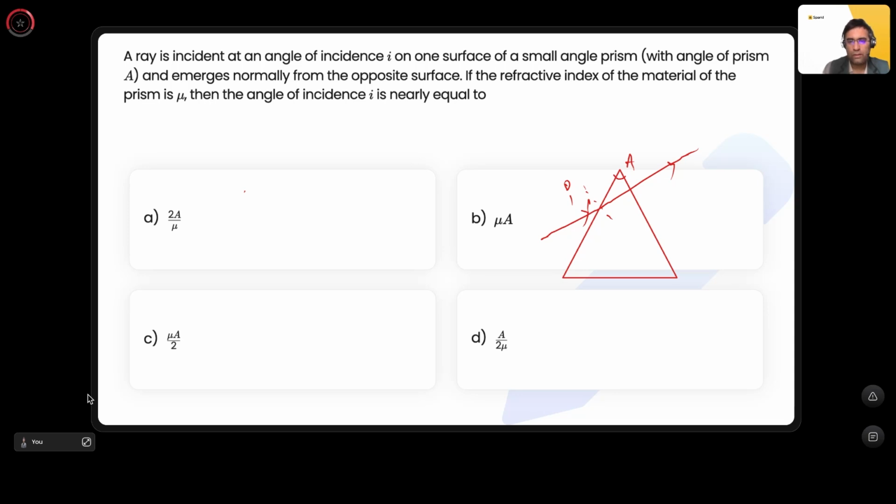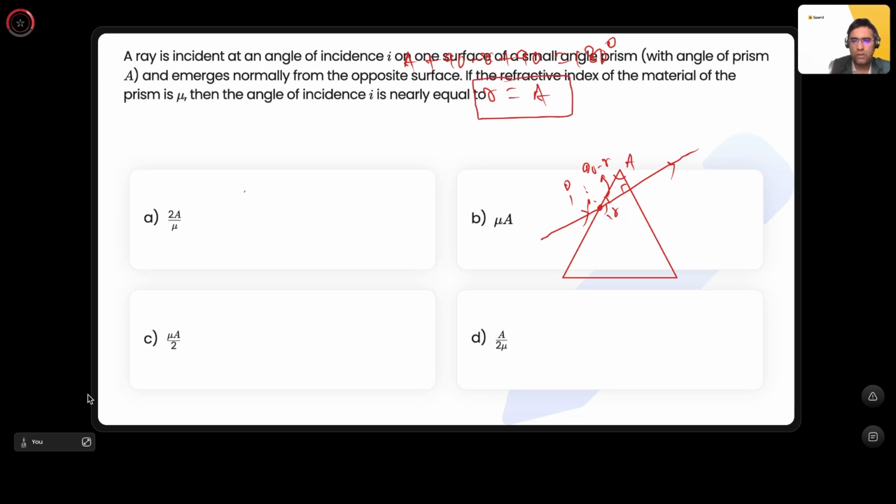From over here, we can see that this is I, this is R. So this will be 90 minus R, this will be 90 minus R, this will be 90 degree. So we can say that A plus 90 minus R plus 90 will be equal to 180 degree. So we get the value of R will be equal to A.